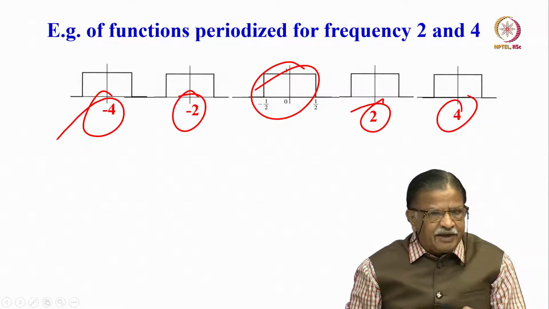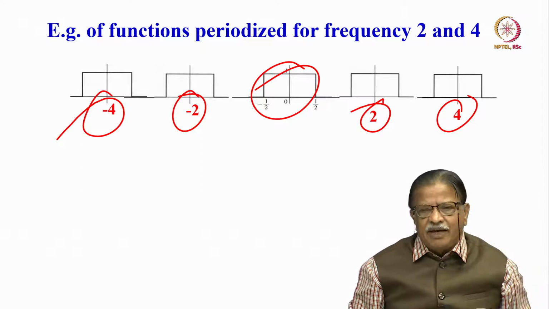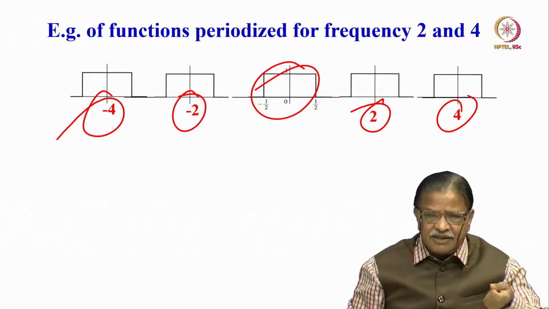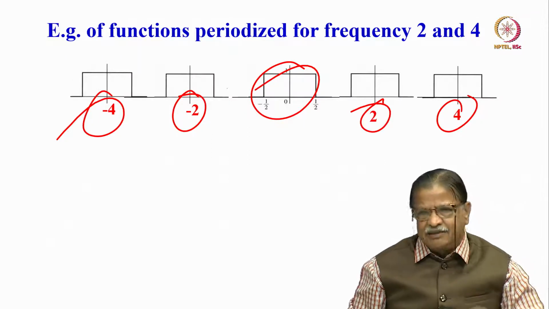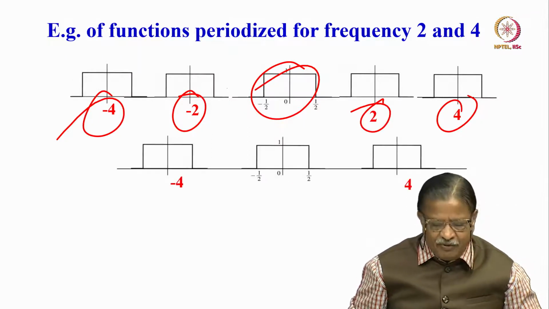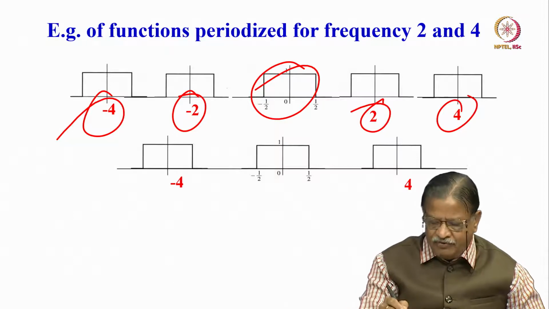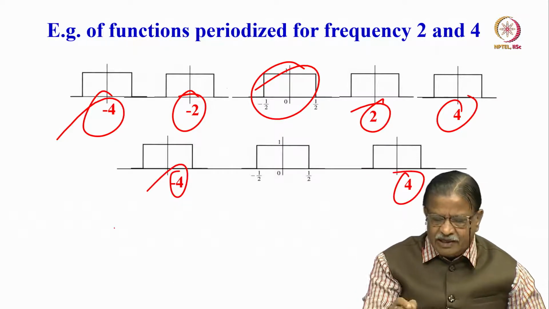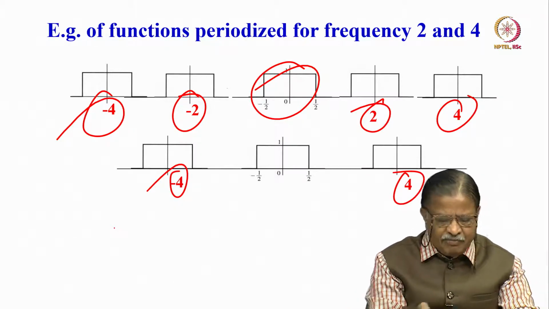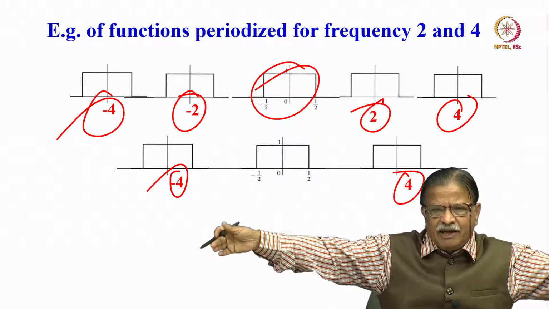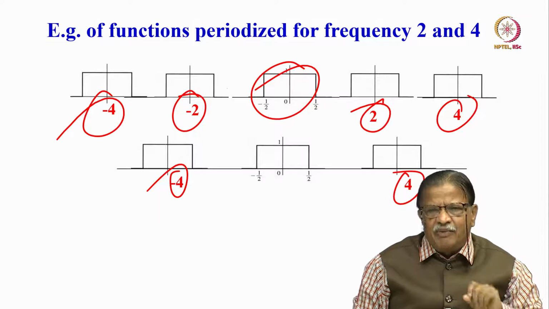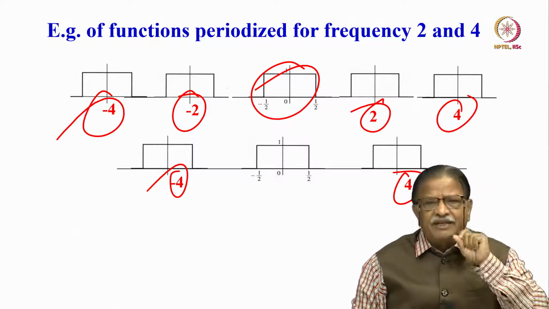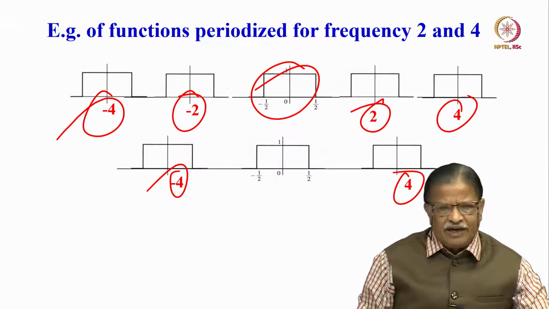It is not periodic; I deliberately made it periodic just to make my mathematical operation simple or to understand some concept. Same thing if I want to do periodicity 4, it is like this. Then again 8 and minus 8, it goes like that. So, intentionally, artificially I have periodicized this function at different intervals.